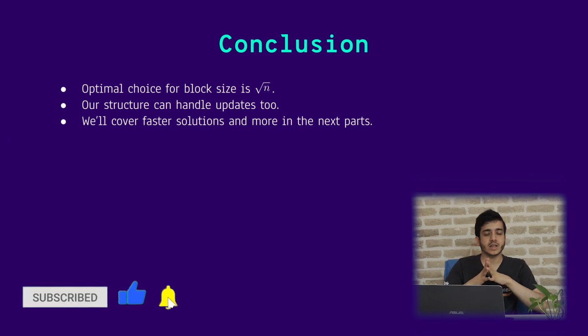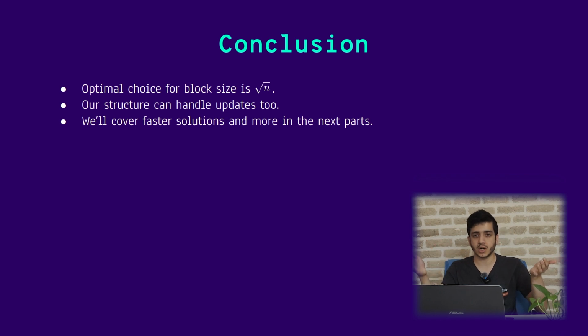Optimal choice is a square root. So we use a square root decomposition here. This structure handles updates efficiently too. So if you need to update an element, we can do that without much hassle. We'll dive into even faster solutions and more advanced techniques going beyond RMQ in the next parts, so stay tuned.